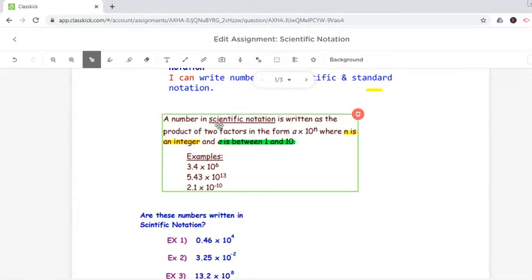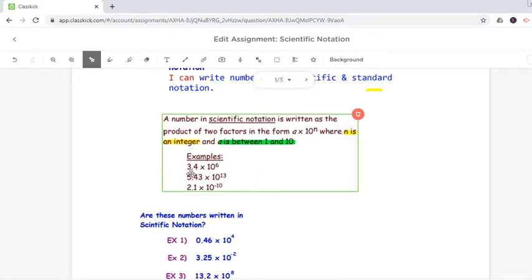A number in scientific notation is written as the product of two factors in the form a times 10 to the nth, where n is an integer and a is between 1 and 10.